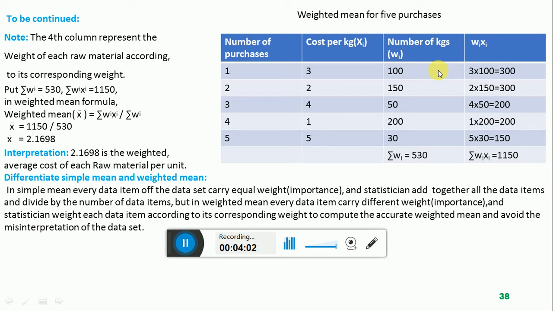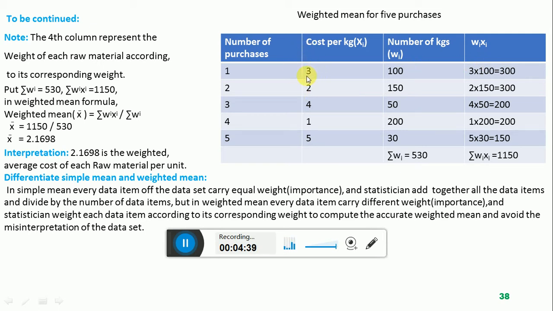The fourth column is represented by Wi multiplied by Xi, where Wi represents the weight of the data item and Xi represents the per kg price or cost of the raw material. So we will compute the weight of each raw material one by one individually. The fourth column represents the 5 different total weights of all 5 raw materials.